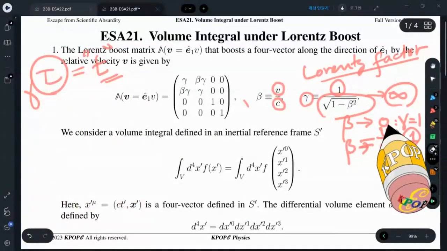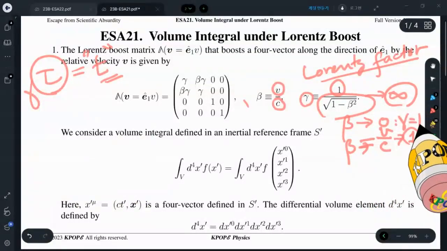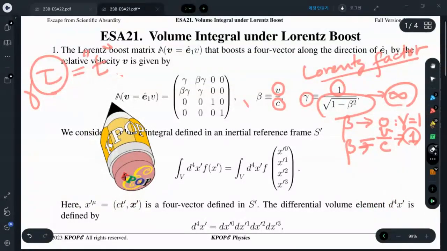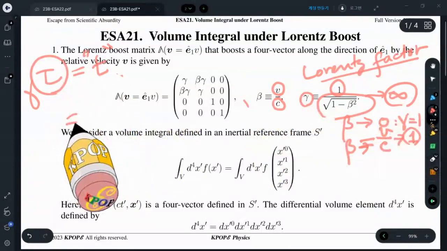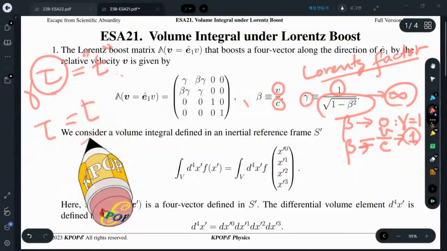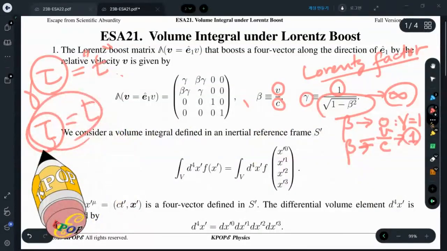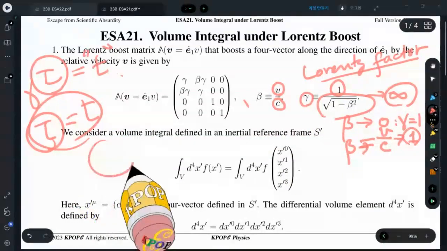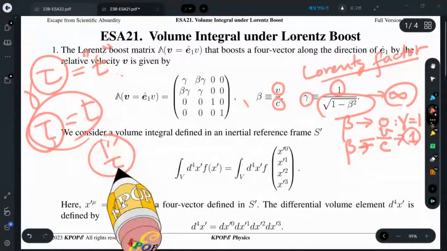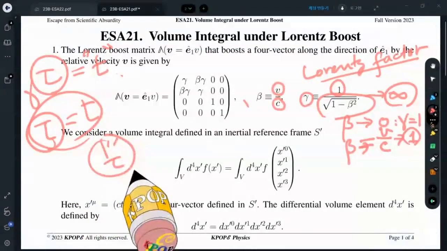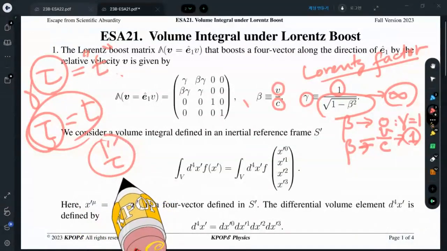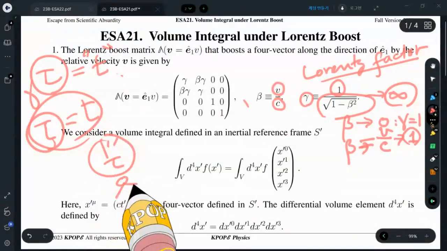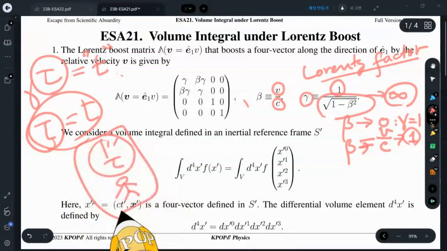When v equals 0, beta equals 0, and therefore gamma equals 1. So time is collapsed to the proper time. And proper time tau is measured only if your measurement is placed at the same position.